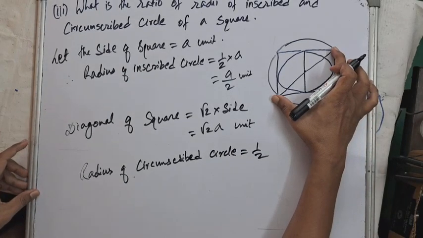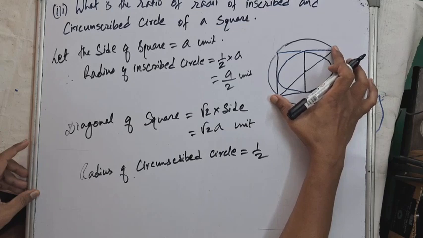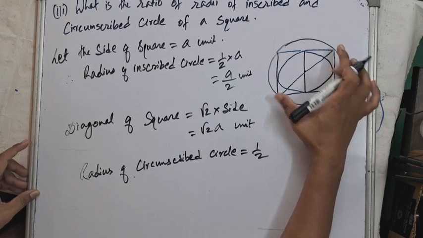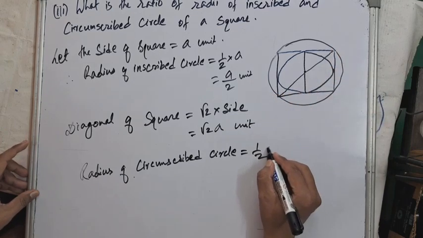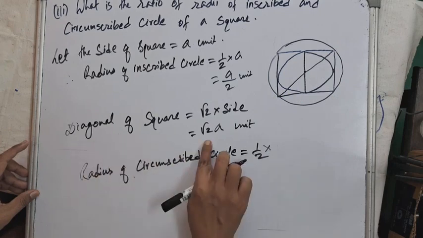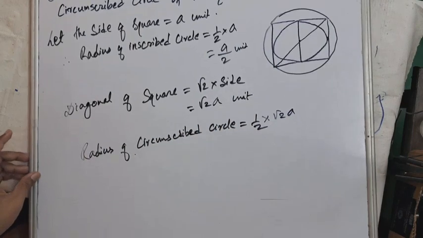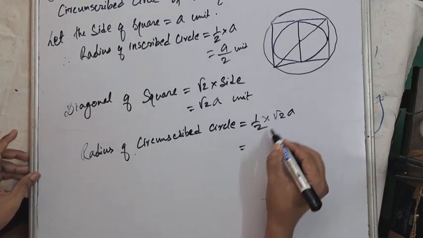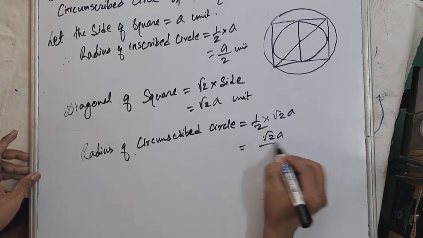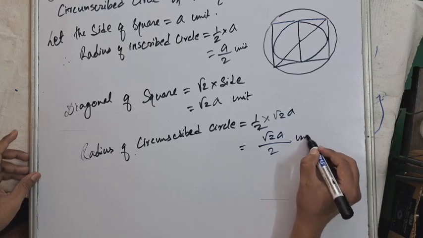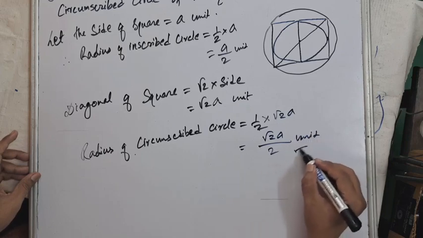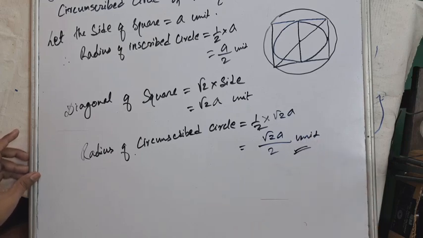This is the diagonal of the square and the diameter of the circumcircle, isn't it? So the radius of the circumcircle is half of the diameter, and the diameter is the diagonal of the square, that is root 2a. So this is 1 into root 2a, root 2a upon 2 unit. This is the radius of the circumscribed circle, and this is the radius of the inscribed circle.